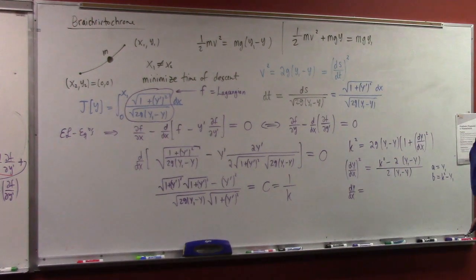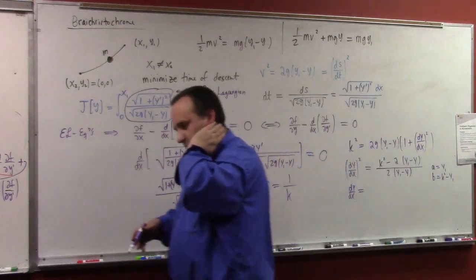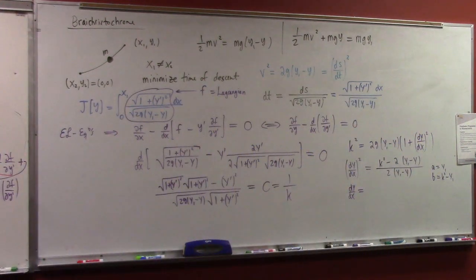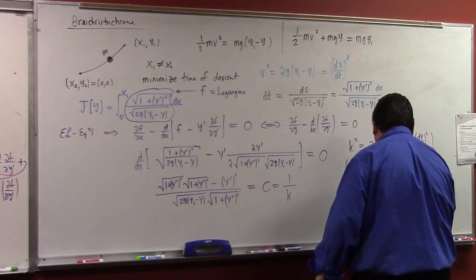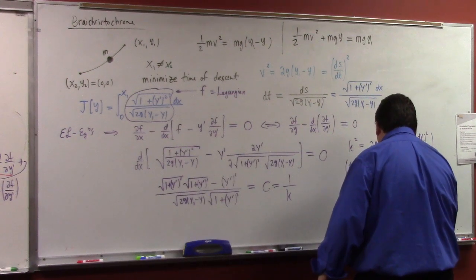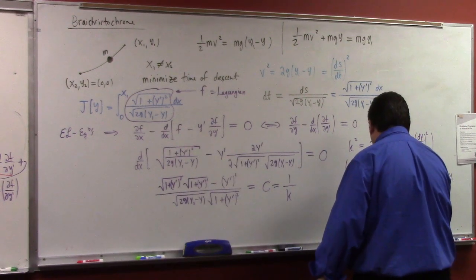And okay, so then what? We have b plus y over a minus y. If I did it right, b plus y over a minus y, plus or minus the square root of that.